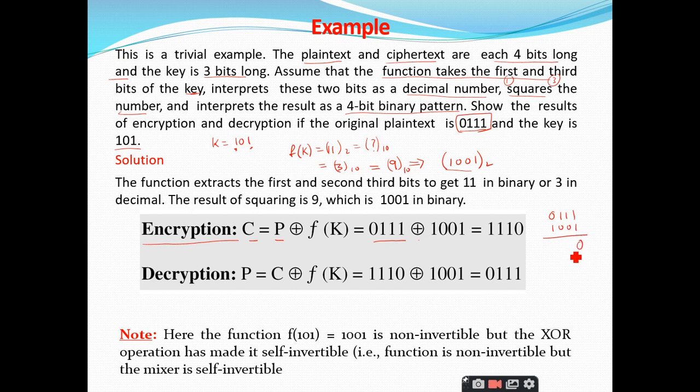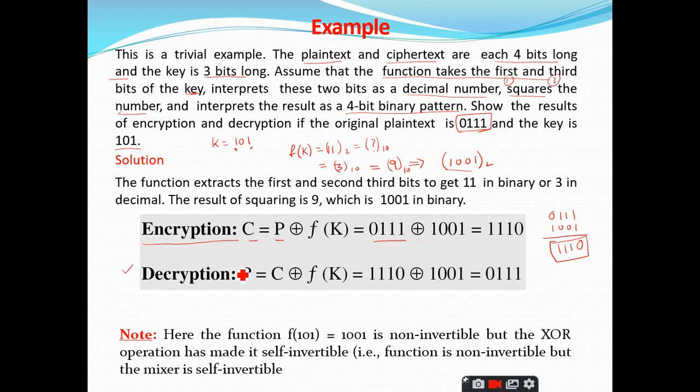What is the output of 1 0? 1, sir. What about this one? 1, sir. Here? 1, sir. So the ciphertext I got here is 1110.